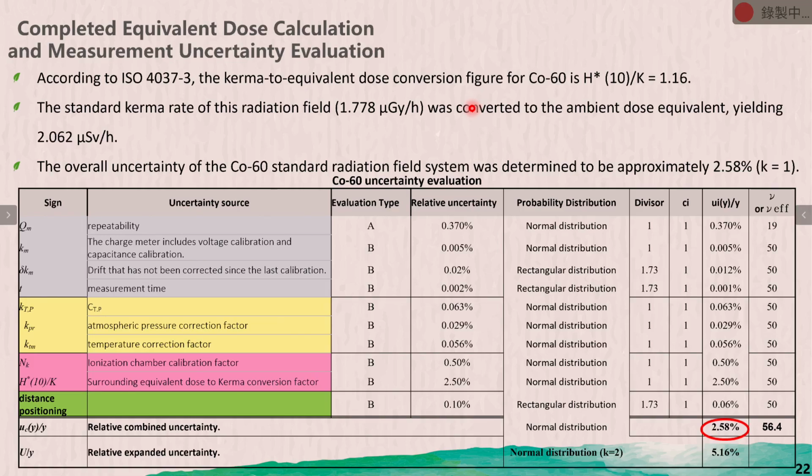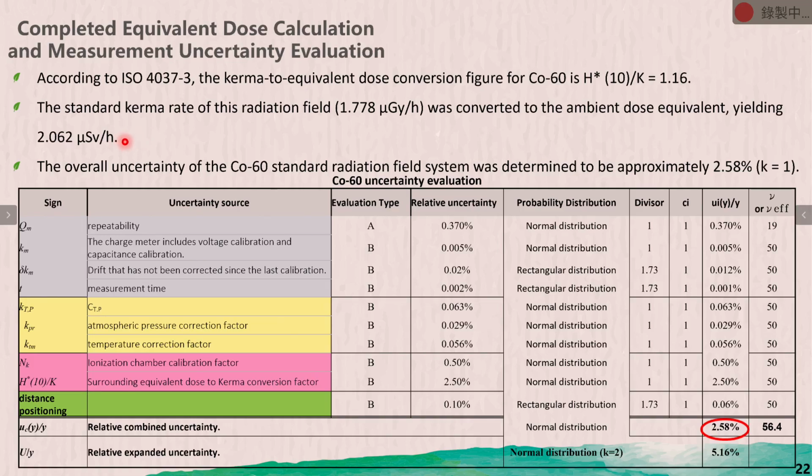The Kerma to equivalent dose conversion factor is about 1.16. We use the standard Kerma rate of this radiation we measured before and convert it into the ambient dose equivalent. So our final result is about 2 microsievert per hour.